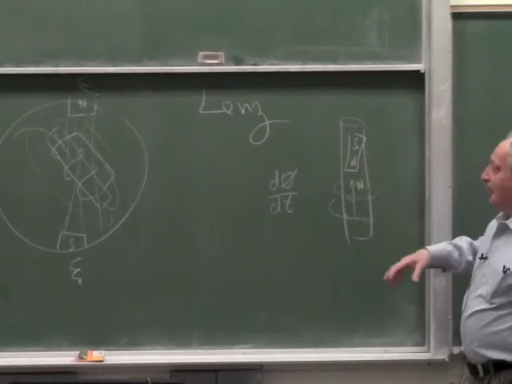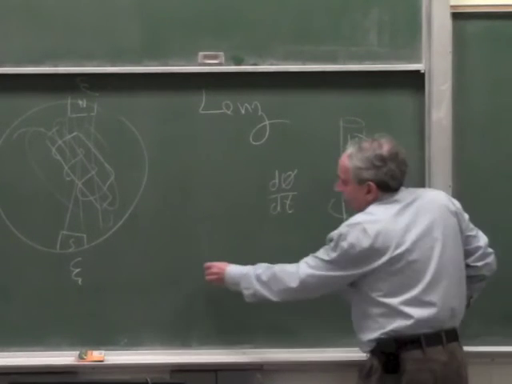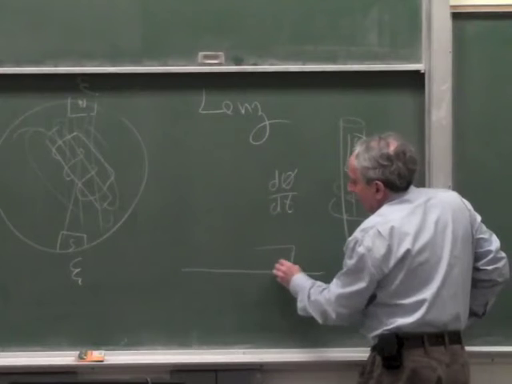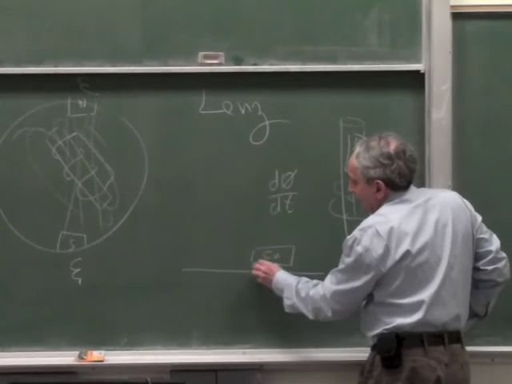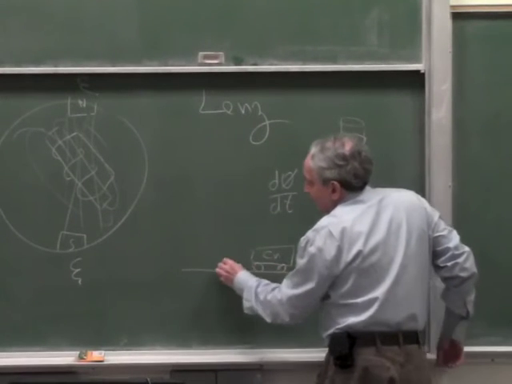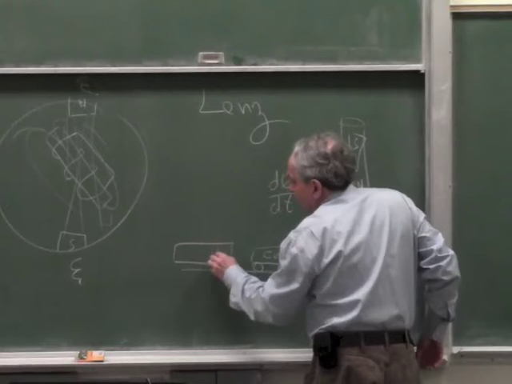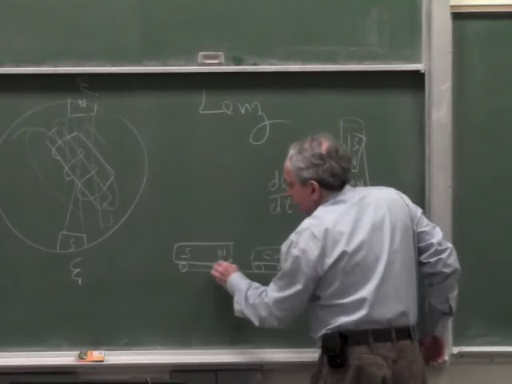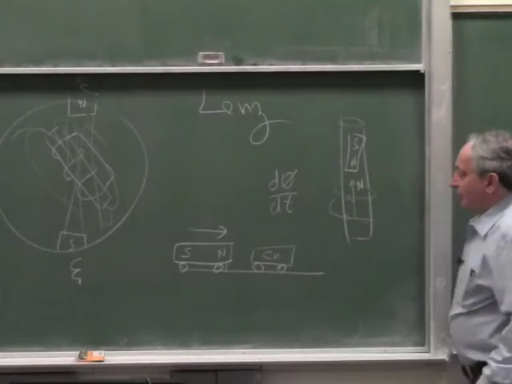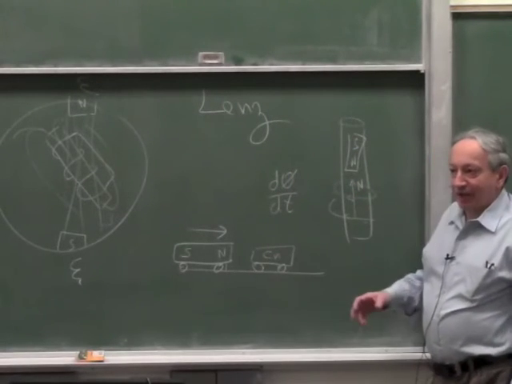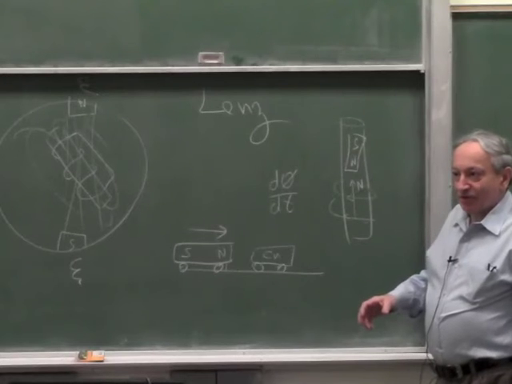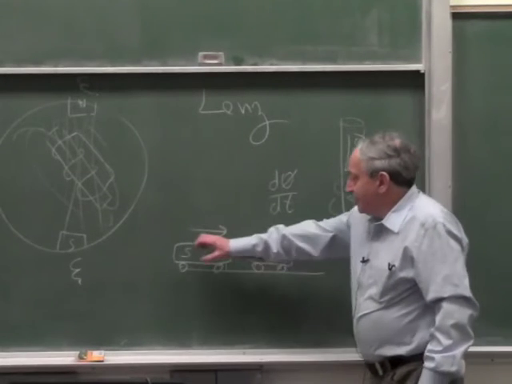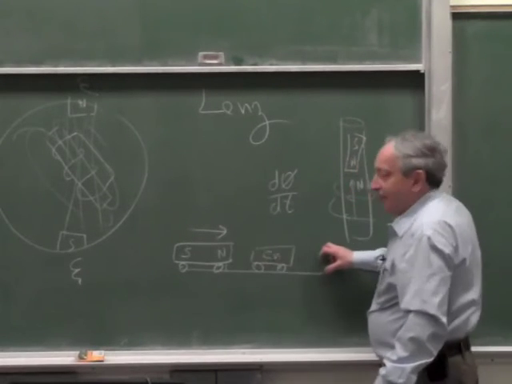Okay? Now, another analogy is, if you have a block of copper on wheels on a cart, and then on another cart you put a big magnet, and you push this cart towards the cart which has a block of conductor, what will happen? So at the beginning, this will induce a current here and repel it.